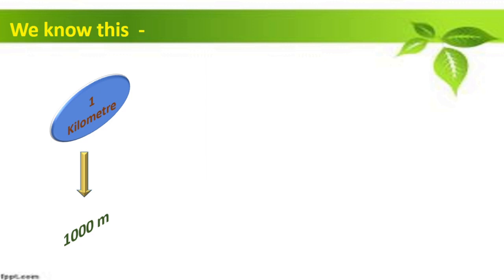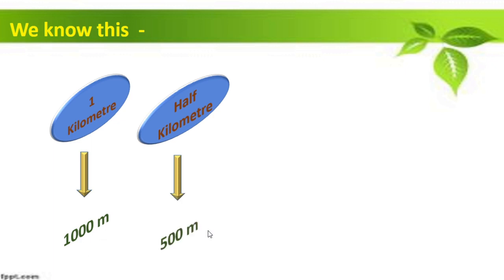We will take a quick recap of this so that it will become easy for us to learn about the mass, about the kilogram. Okay, what about half kilometer? You know that half of 1000 is nothing but 500 meter. Isn't it?